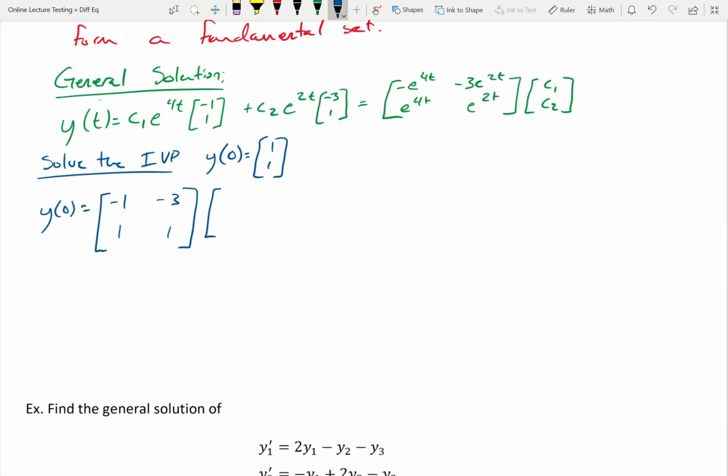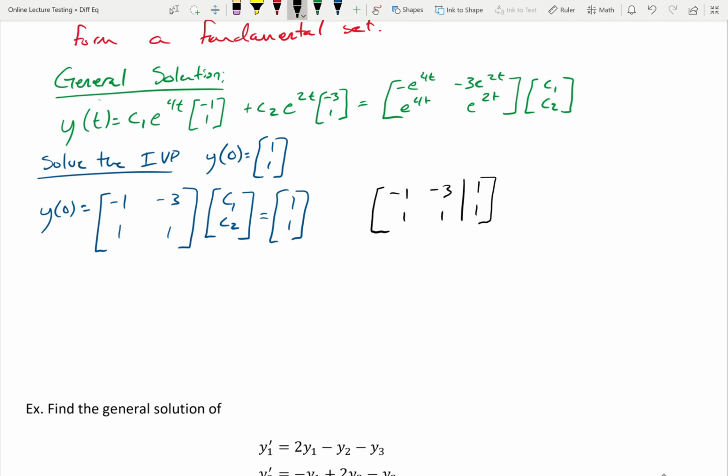We're going to multiply that to our C1, C2, and set this equal to 1, 1. So now, all we have to do is set up an augmented matrix. Here's our solutions for our IVP, which is 1, 1.